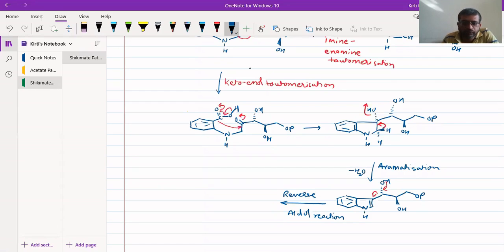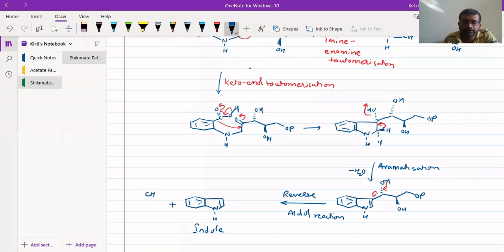Here, a reverse aldol will result in formation of indole, and on this side it will be glyceraldehyde phosphate. This will be a 1, 2, 3 carbon trihydroxy 3-carbon compound, that will be glyceraldehyde 3-phosphate.